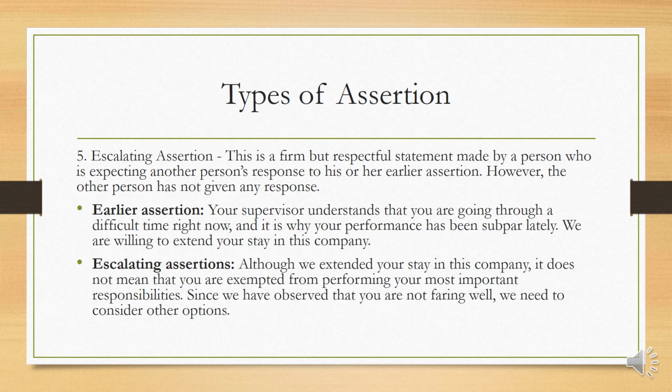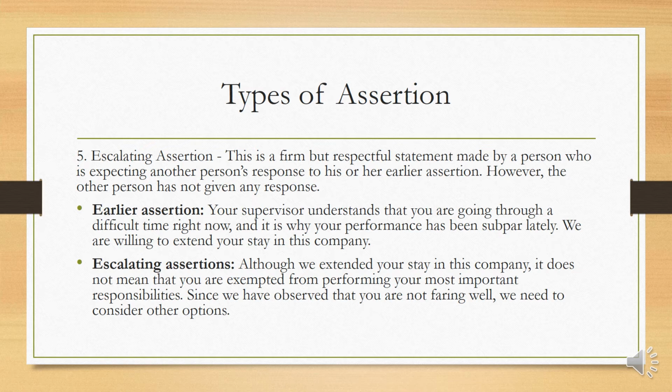For example, the earlier assertion: Your supervisor understands that we're going through a difficult time right now, and it is why your performance has been subpar lately. We are willing to extend your stay in this company. And the escalating assertion: although we extended your stay in this company, it does not mean that you are exempted from performing your most important responsibilities.